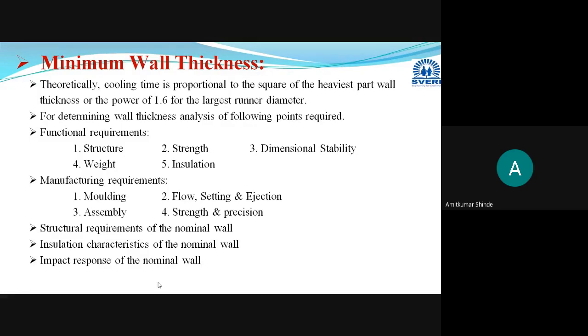If you have any query, you can put that in the chat box. Otherwise, I will stop here. In the next session, we will discuss allowances and tolerances, design of ribs, design of corners, design of undercuts, then inserts.